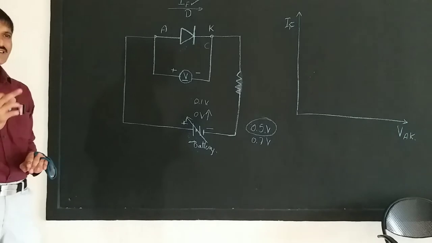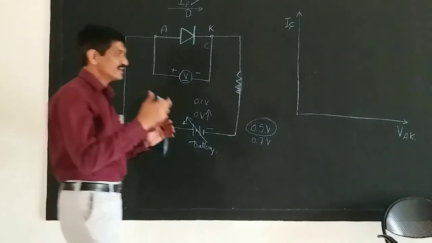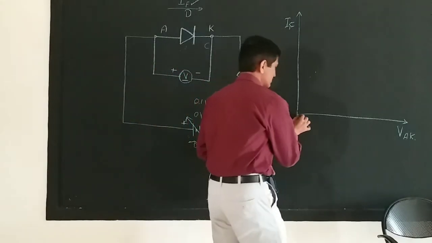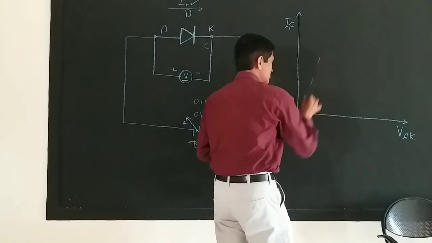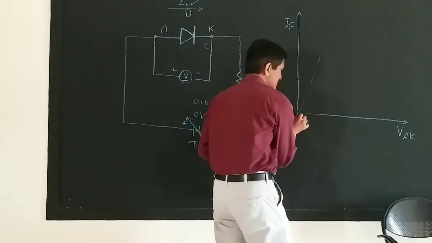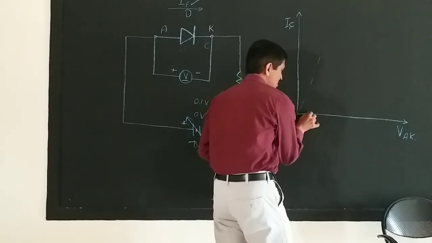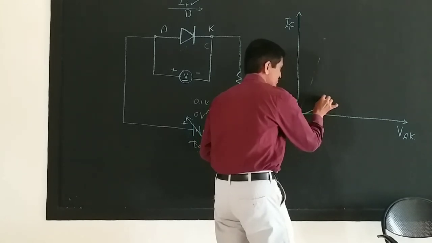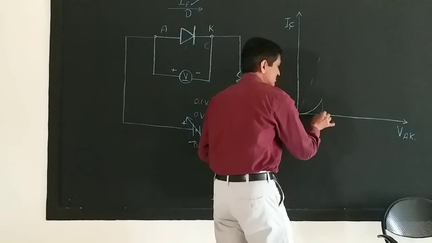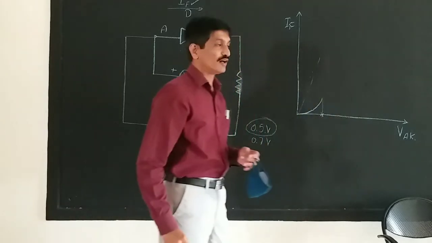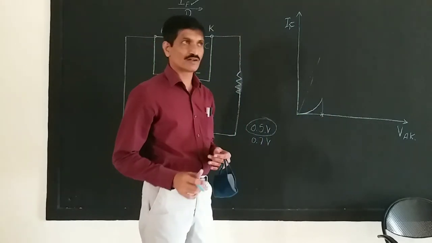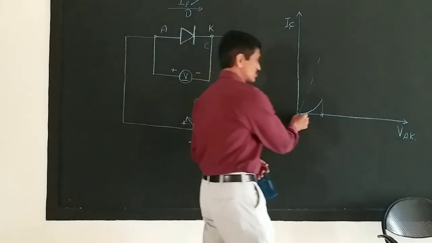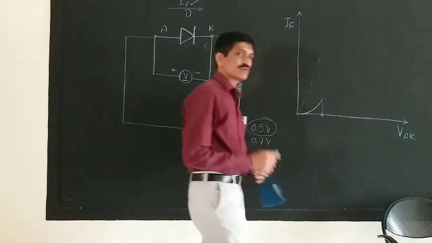It will be gradually rising, and in the graphical representation, it is not rising like this, but it will be gradually rising from the lower value, and therefore during this part it will have the curve here in the response of the forward current with respect to the voltage between anode and cathode.